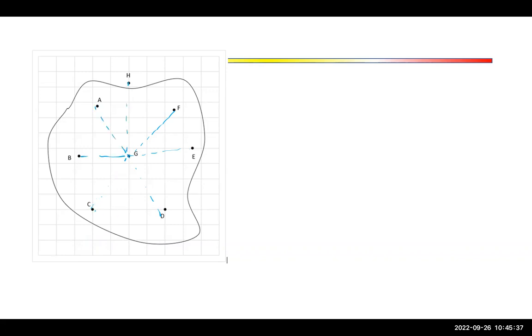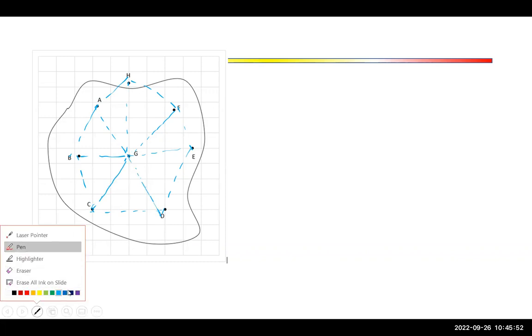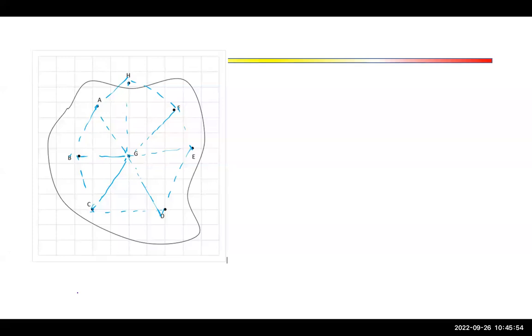Connect all the adjacent. Okay. And the next step is you will draw what? Perpendicular bisector, right? Do you remember that? Okay. So I will draw the perpendicular bisector for this one, this one, this one.